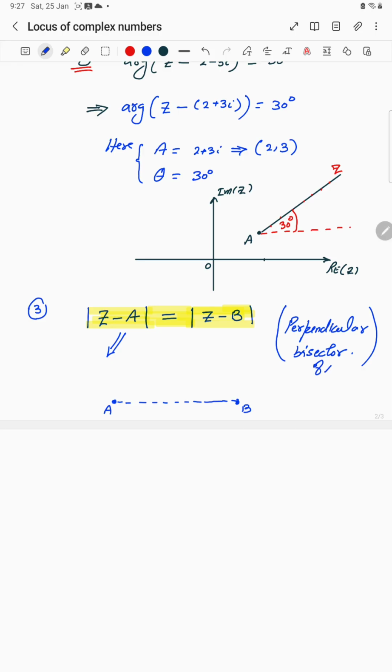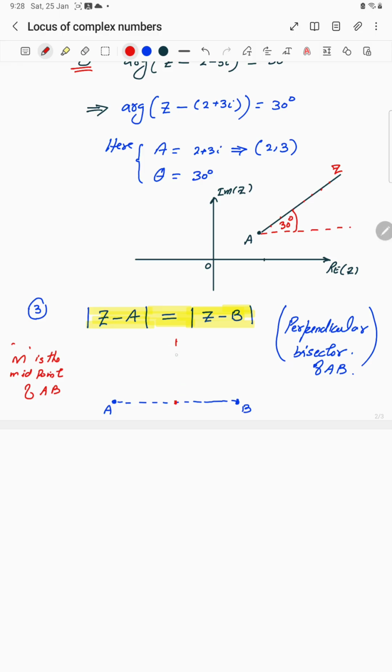For this, we find the midpoint M of AB. Suppose it's here.